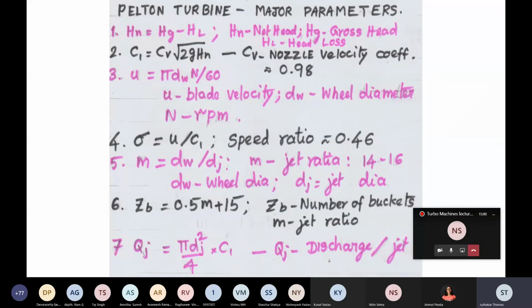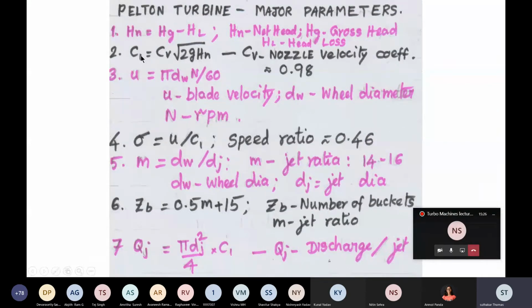In yesterday's PowerPoint, you have seen that H gross is the difference in height between the dam water and the downstream water, or head race and tail race. Then HL is the various losses, intake and pipe losses. So if you deduct the total loss, what you get is the net head.